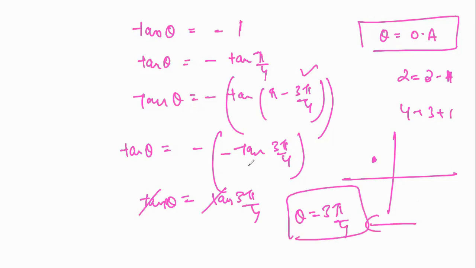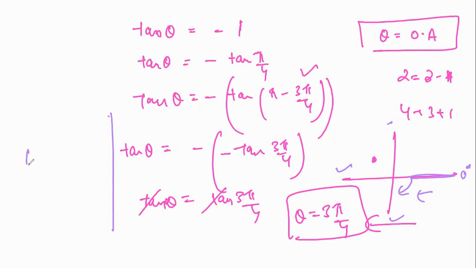Got it? Now you will say, ma'am, tan theta is also negative in the fourth quadrant. But in the fourth quadrant, this is 0 degrees, this is 90, this is 180, this is 270. So when we go from the positive x-axis into the fourth quadrant, it means we are going clockwise, so the angle is negative. First of all, I want the angle in a positive value.